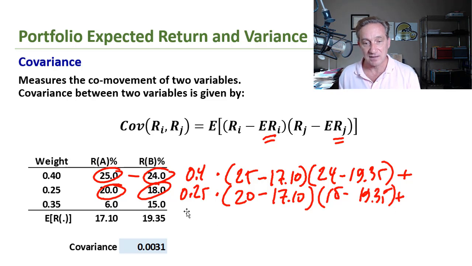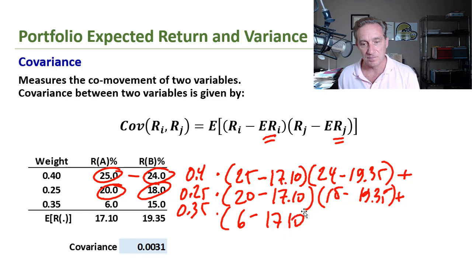And I'm going to add that to finally the last weight, just gut checking that these add to 100%. If I were doing this for the first time, that's what I would do. 6 minus the same 17.1, multiplied by, I left out my little symbol operator there because when you do that, that implies multiplication.